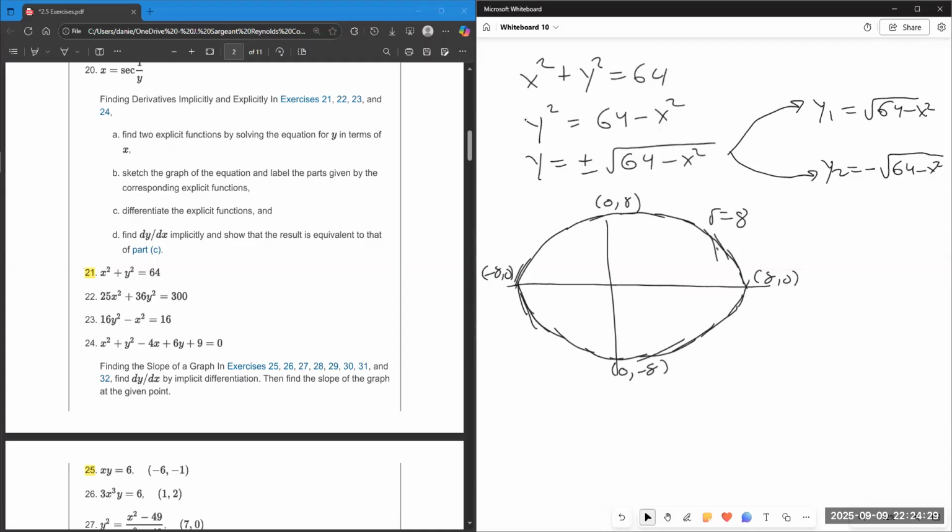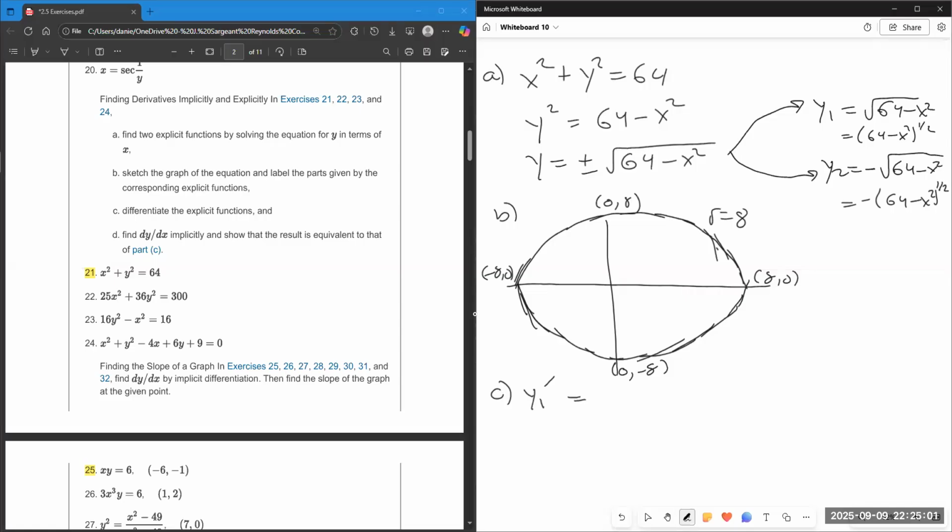So now that we have that, we want to differentiate these explicit functions for part C. I'm just going to call this y1 prime, and I'm going to think about this as 64 minus x squared to the 1/2 power. I'm going to think of this one as a negative 64 minus x squared to the 1/2 power when I differentiate it.